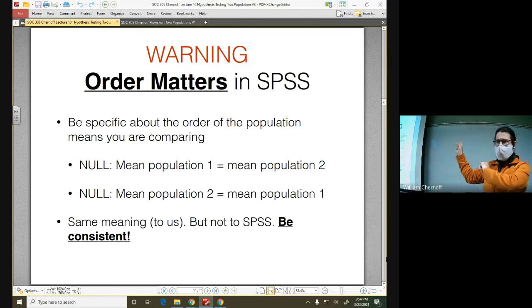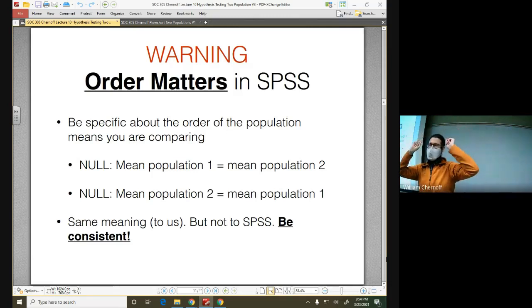So, warning, we have to be consistent. As logical people, we know there are a lot of ways to say the same thing. However, when it comes to SPSS, SPSS doesn't think like us. It's not logical. Here's an example.